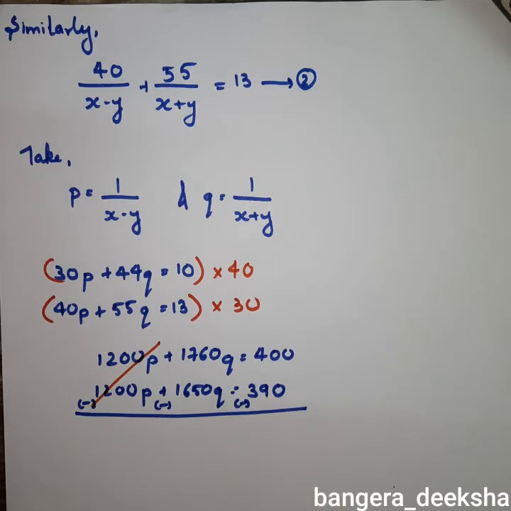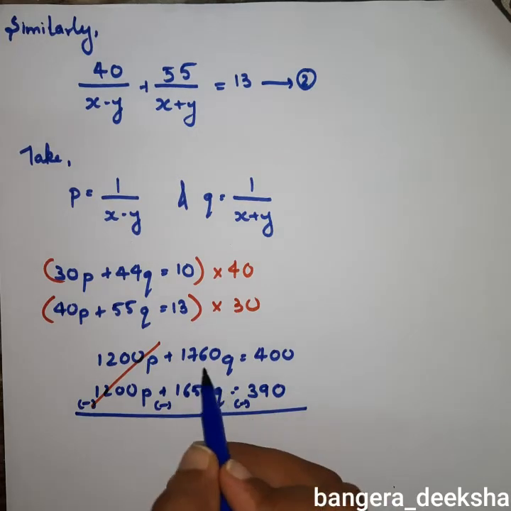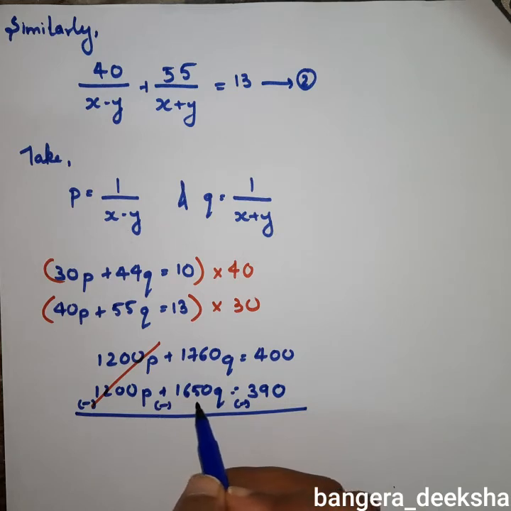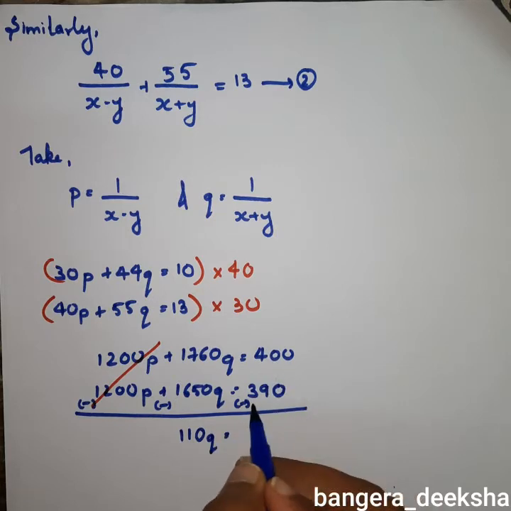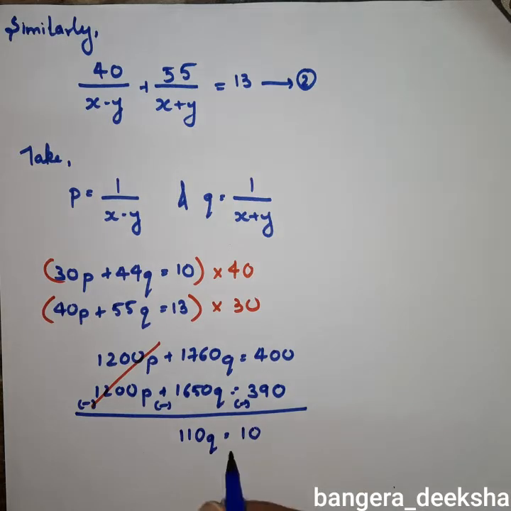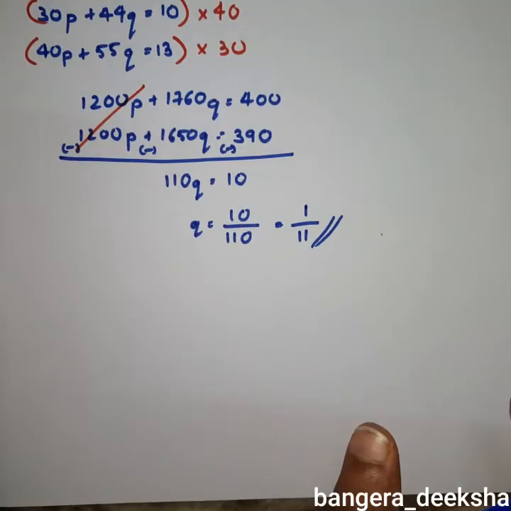I'll be left with 1760 minus 1650, that will give me 110Q is equal to 400 minus 390, which is 10. So Q is equal to 10 divided by 110, that is nothing but 1 divided by 11.